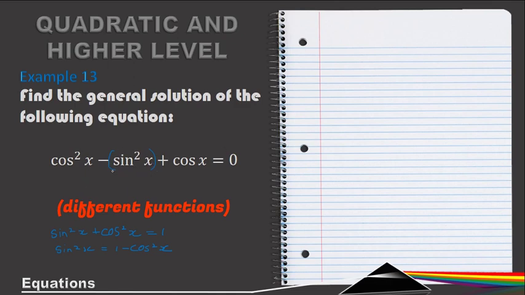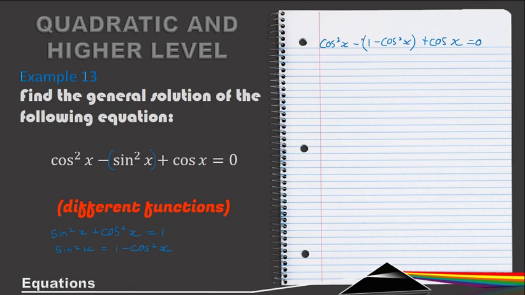So I'm going to replace this sine squared x: cos squared x minus, and in place of sine squared x, I write 1 minus cos squared x, plus cos x equal to 0.